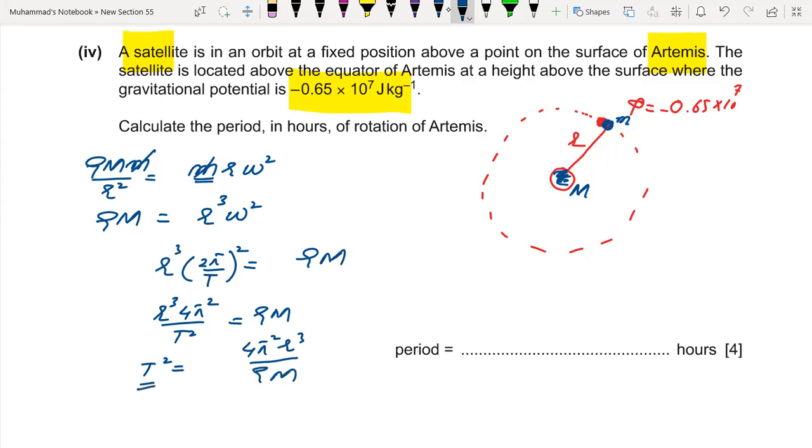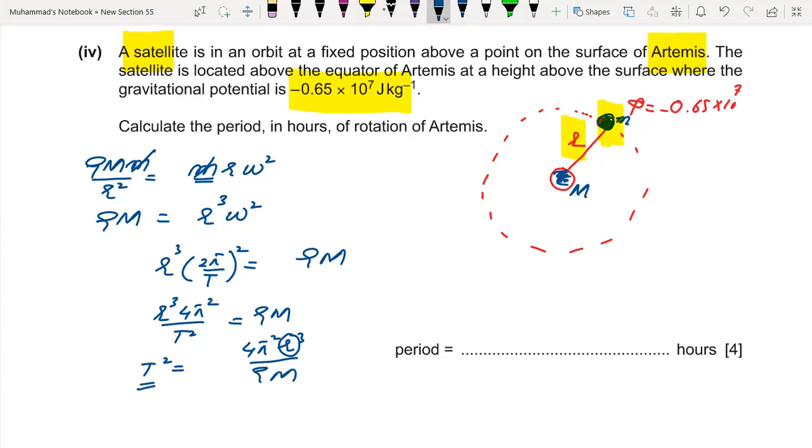To find the time period, we need the radius of this orbit. And how do we find the radius of this orbit? What information are we given? We are given the gravitational potential at this point. So, using the gravitational potential, we can find the radius of this orbit.